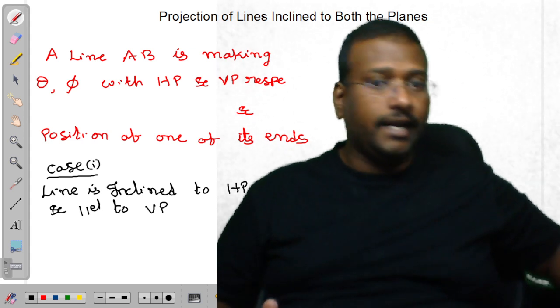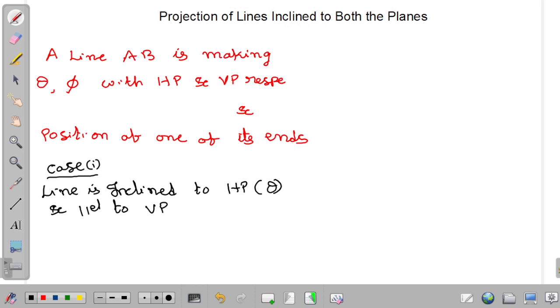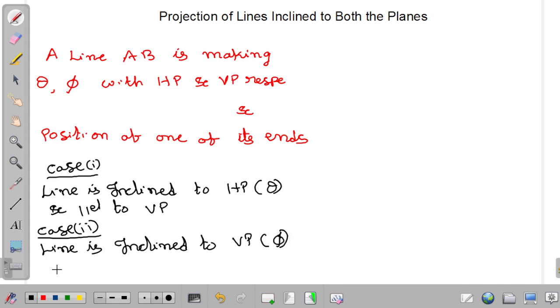So what about the second case? In case 2, we consider a line inclined to VP, that is phi degrees, and parallel to HP.